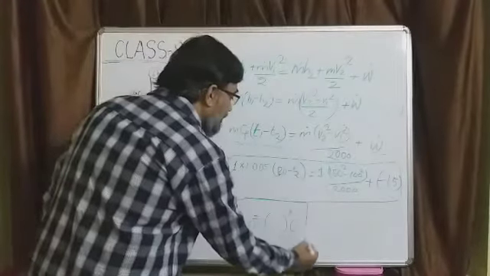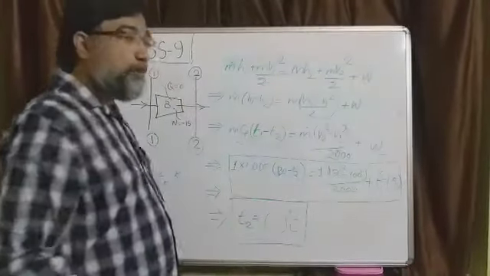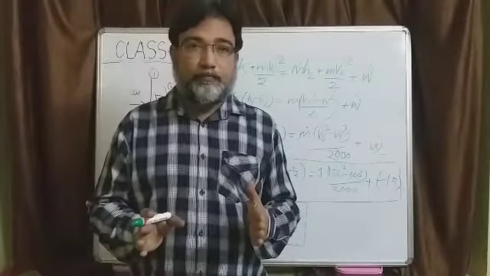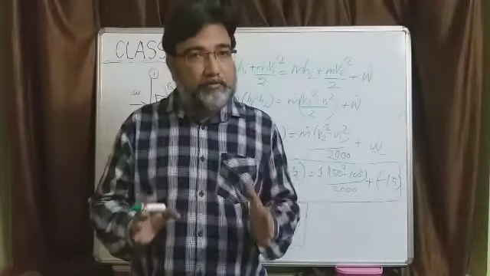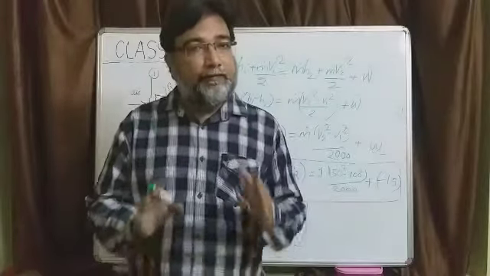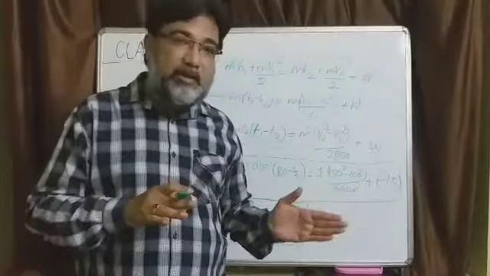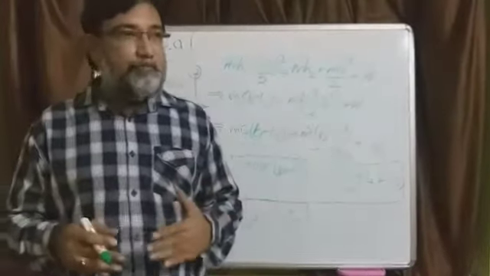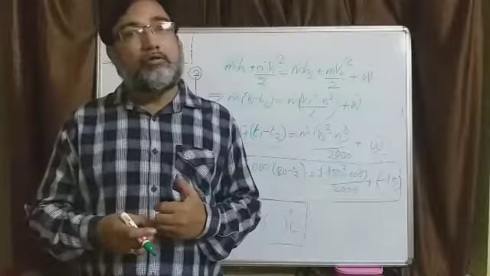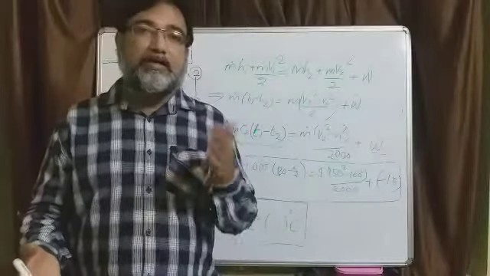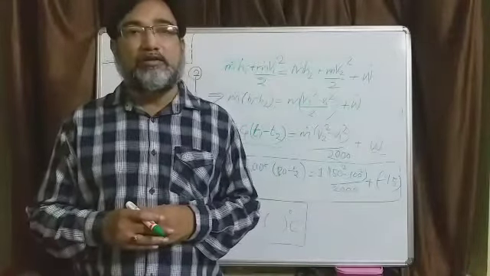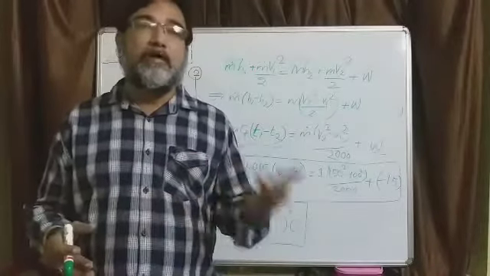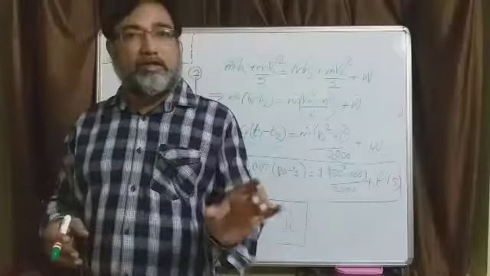At no point of time you need to convert it to Kelvin, because as long as the term is a temperature difference, whether you express it in degree centigrade or in Kelvin, both the values will be the same. For example, 373 degree centigrade minus 273 degree centigrade is 100 degree centigrade.